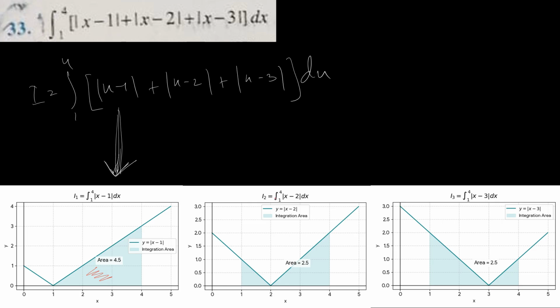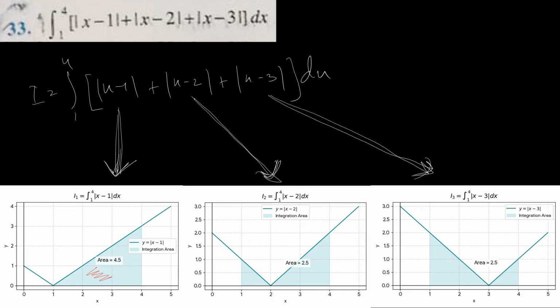Yes, this is the graph for modulus x minus 1. Here both sides are shaded, here also both sides are shaded. This is the graph for modulus x minus 2, and this is the graph for modulus x minus 3.